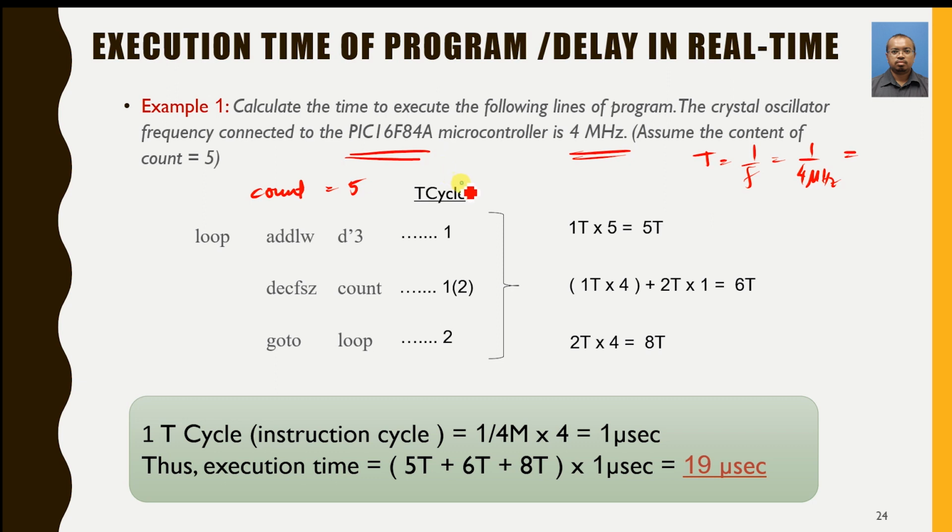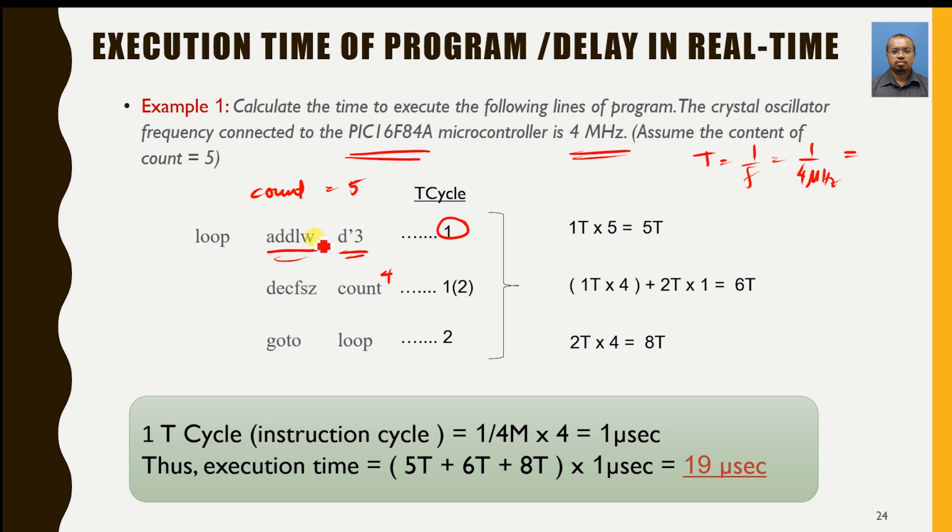So for an instruction, for example, ADDLW D'3', meaning you add decimal number 3, this is 1 clock cycle. Then DECFSZ count: count was just now 5, now it becomes 4 after this instruction, and then you go to loop and come back.